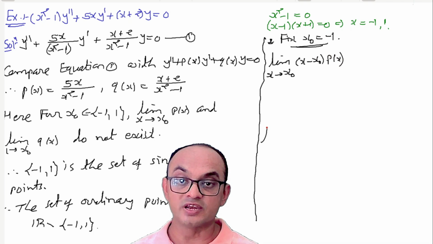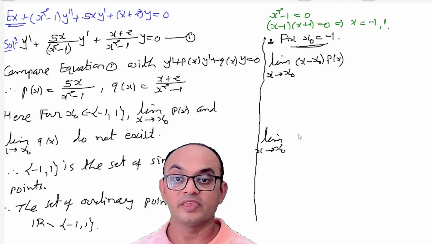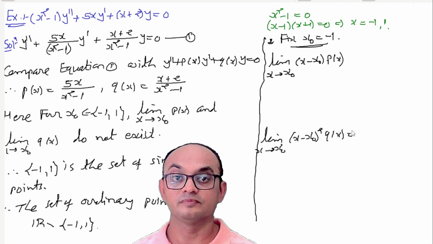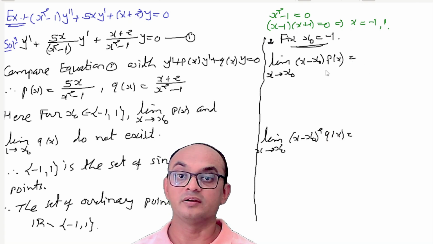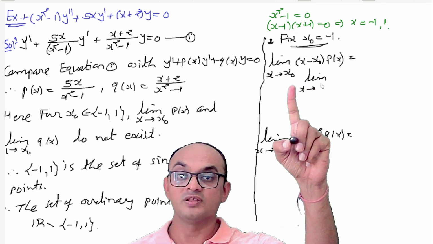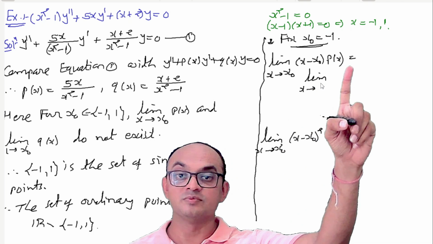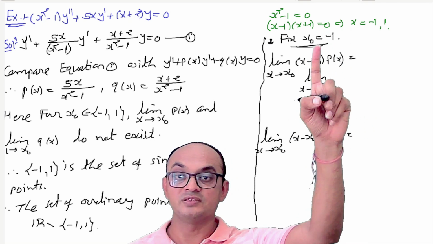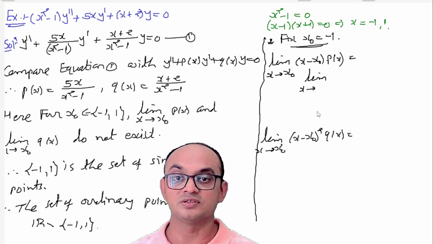We also need to check the limit x tends to x0 of (x minus x0) square into qx. What is x0? x0 is minus 1. Fix x0 as minus 1.